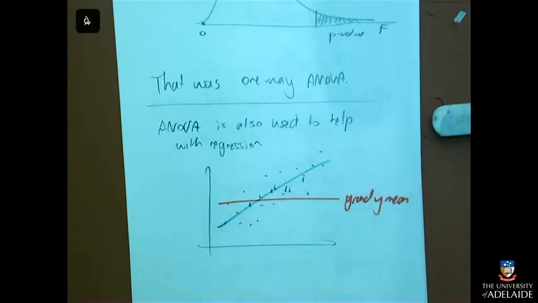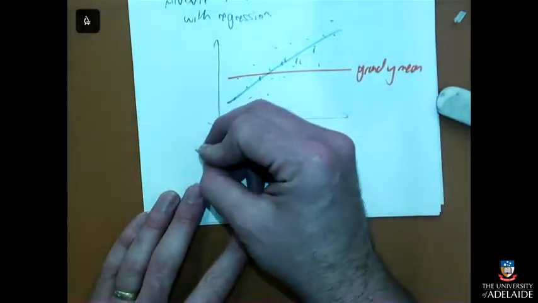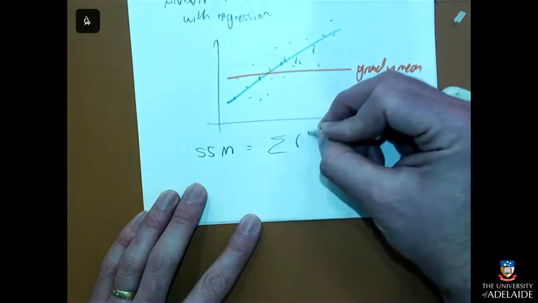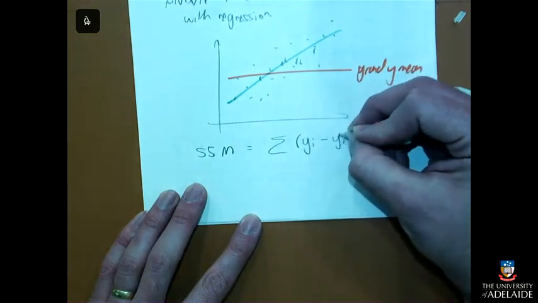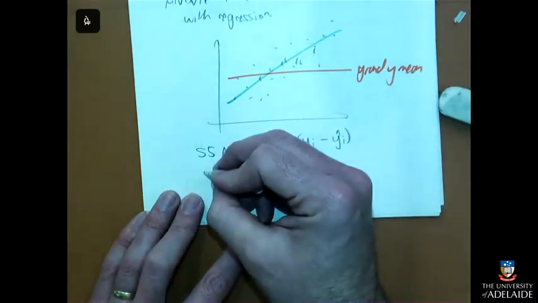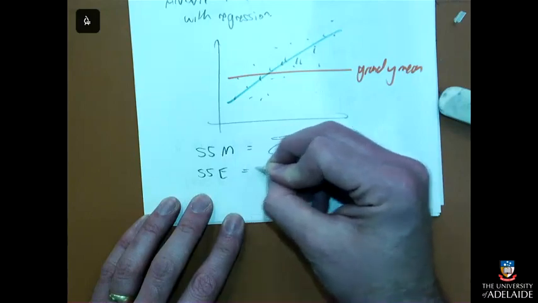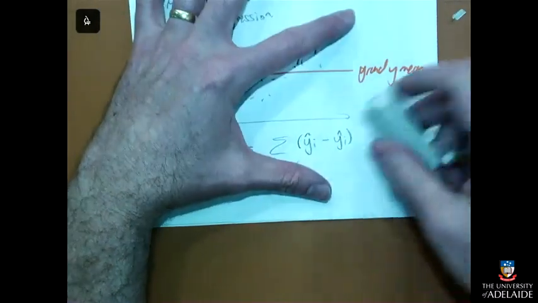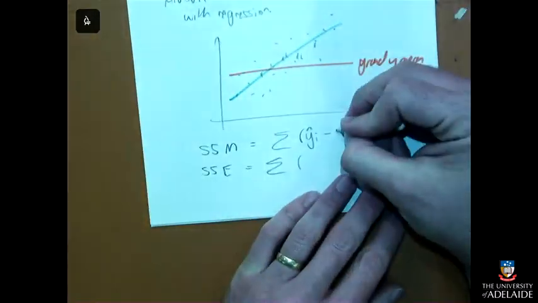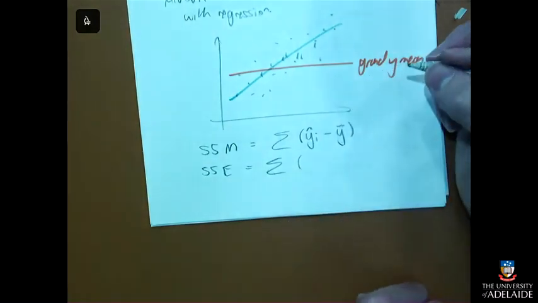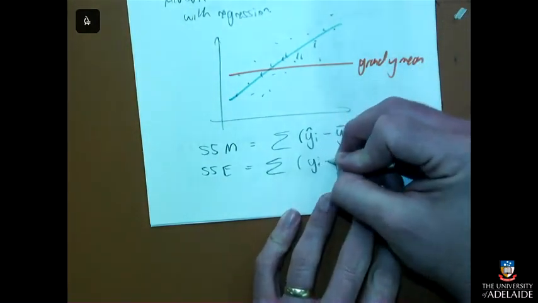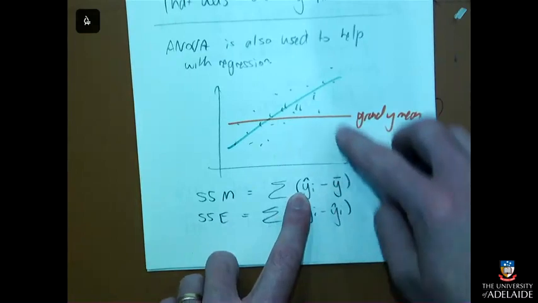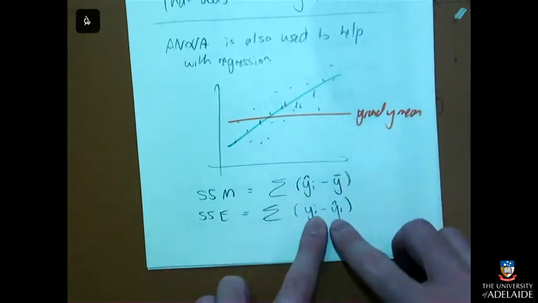And then you can say, well, how far is the regression line from the grand mean? That's the model. So the sum of squares for the model is, for every element, how far is y hat from the grand mean. And the SS for the error is how far everything is from its y hat. So this is how far the line is from the grand mean, and this one is how far everything is from the line.